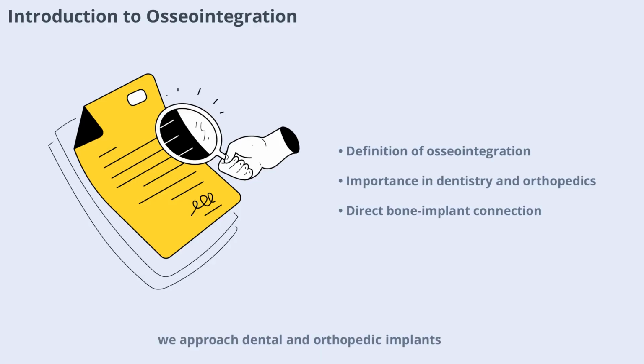This concept has transformed the way we approach dental and orthopedic implants, providing stable and long-lasting solutions for patients. In this video, we'll explore what osseointegration is, how it works, the theories behind it, and why it's so important for successful implants. Let's start by understanding the basic definition and significance of this process.